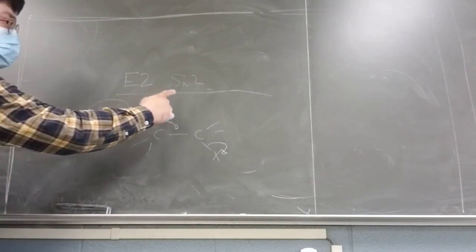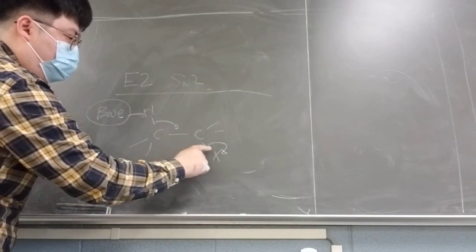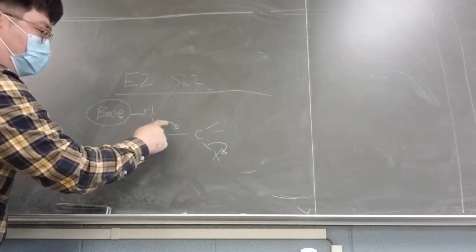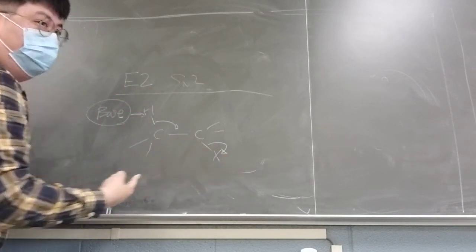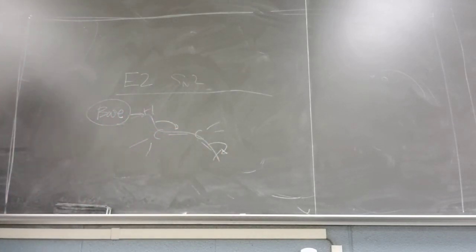The only difference is SN2 is coming on this side, just replacing it. But E2 is coming onto the hydrogen to make the double bond, to make the leaving group leave. So it also happens at the same time. We call this E2 because it's very similar to SN2. Makes sense, right? Okay.